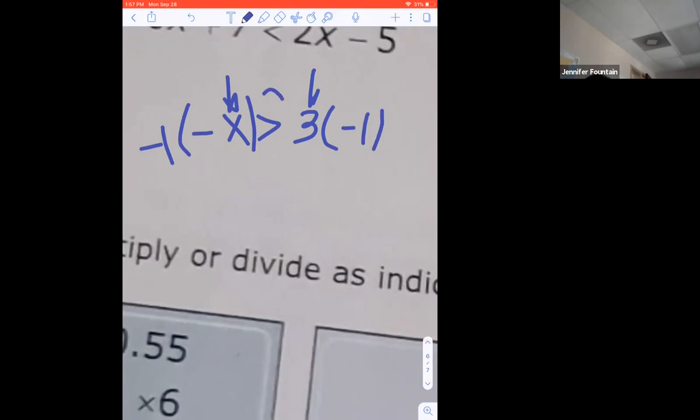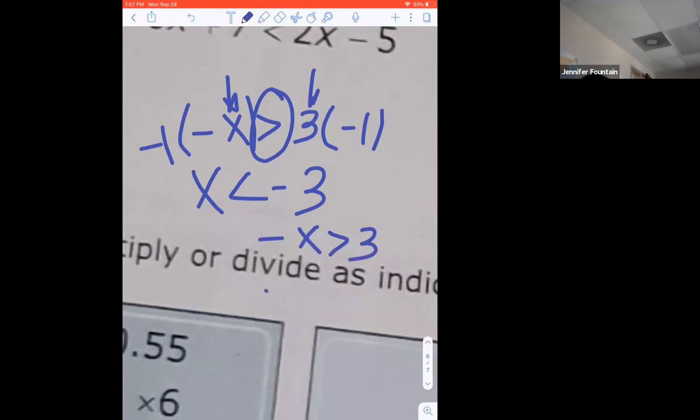But if I do that, I've got to be sure to flip my sign. So x would be less than -3. So if I change my sign, negative x is greater than 3, then I'm going to have x is less than -3. Okay, so if I'm changing this sign there and this sign here, my inequality has to flip. Like I said, you may not even experience that in any of these. I just wanted to make sure we reviewed that just in case.